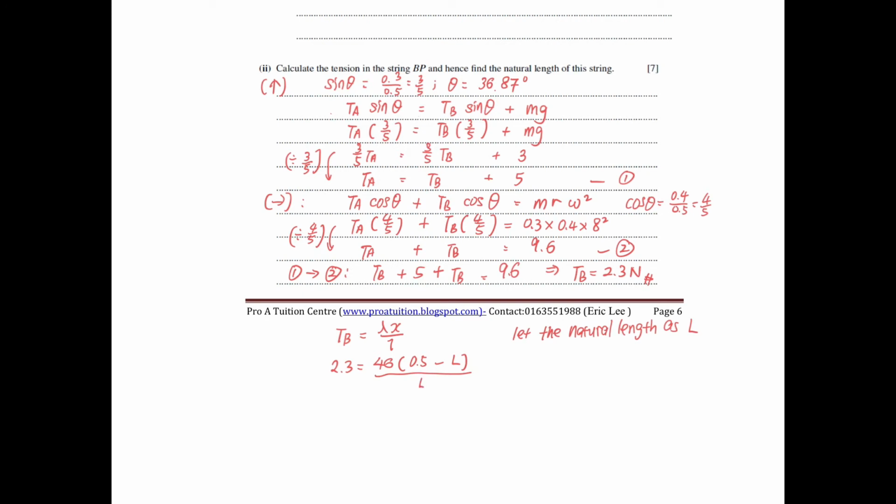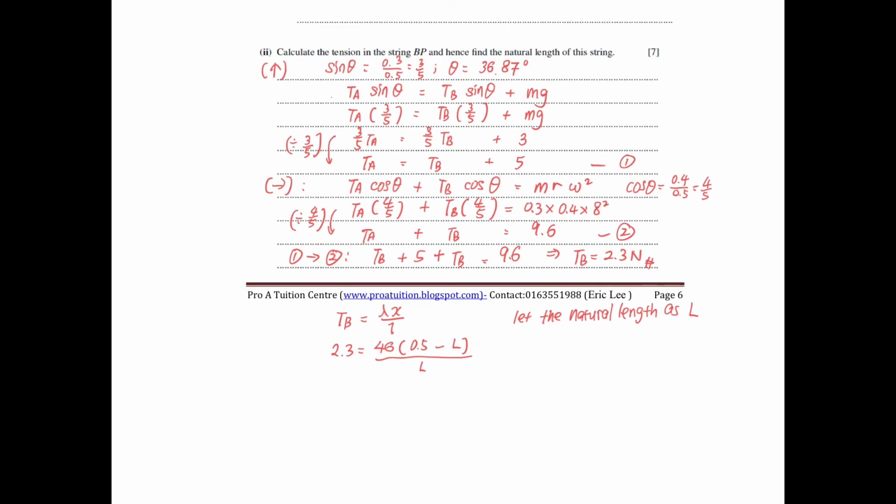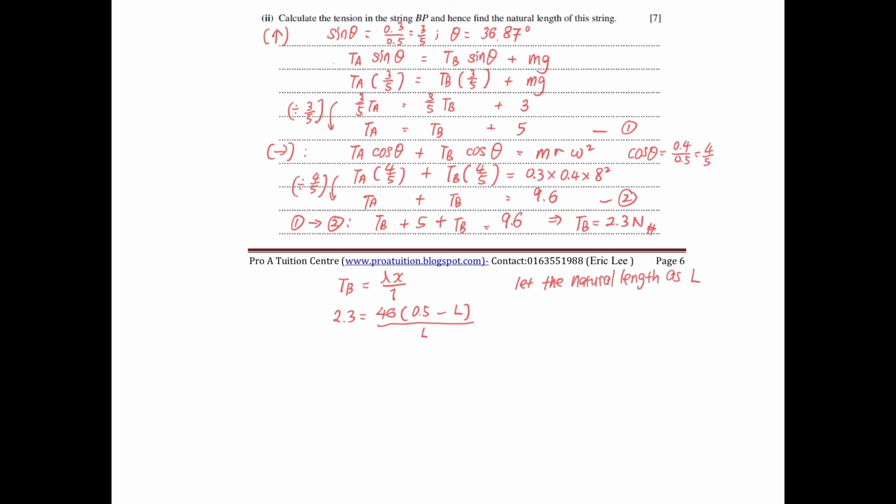The bottom we put L also, the natural length. We just need to solve this equation and find L. So 2.3 L equal to, multiply inside, 23 minus 46 L, then 48.3 L equal to 23. So L equal to 0.476 meter.